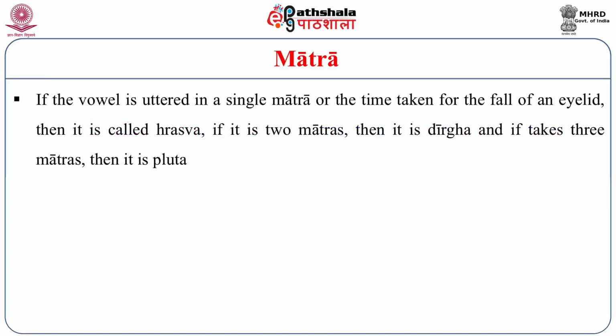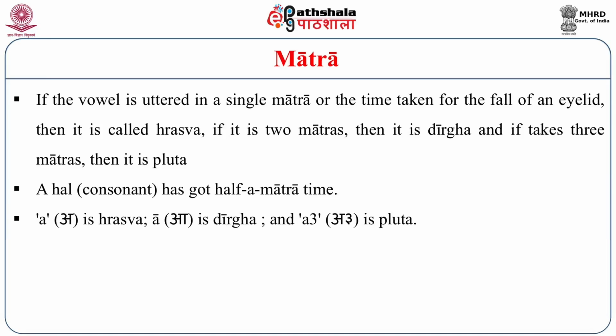If the vowel is uttered in a single matra, or the time taken for the fall of an eyelid, then it is called hrasva. If it is 2 matras, then it is dirgha, and if it takes 3 matras, then it is pluta. A hal or consonant has got half a matra time.